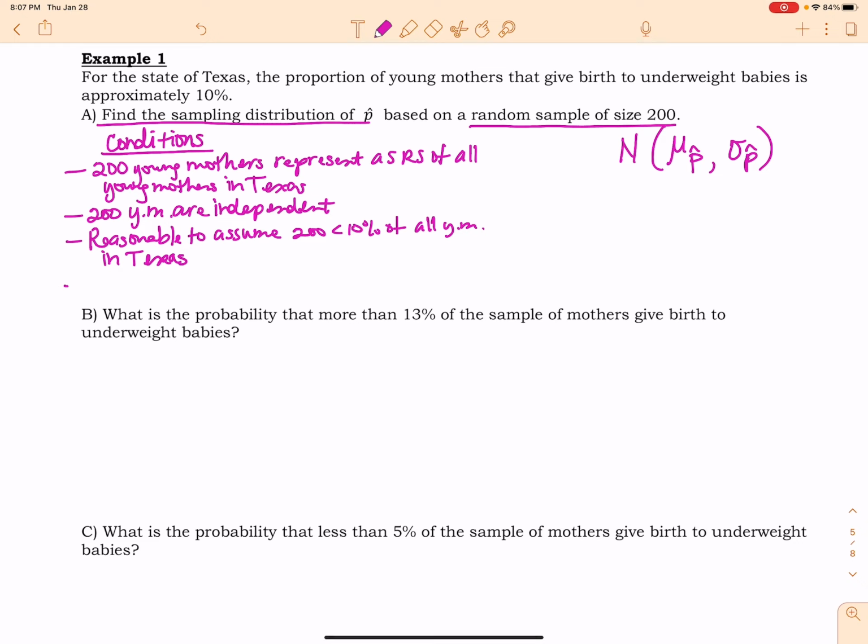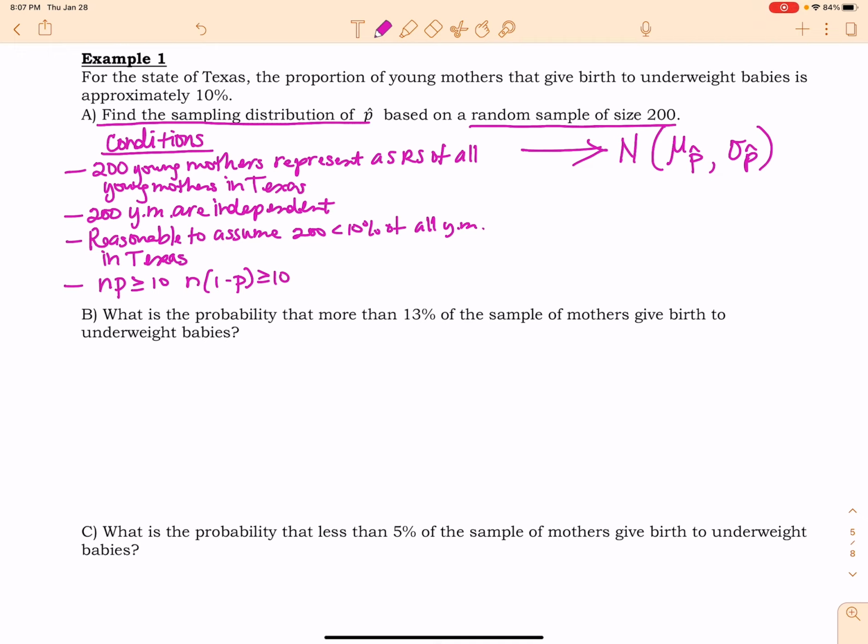And then the last thing, we need to know if this is actually a sample that's large enough so that we can use the normal curve, or so that we can approximate normal. So I am going to check it out with my np rules. Remember, I want at least 10 of one category and 10 of another.